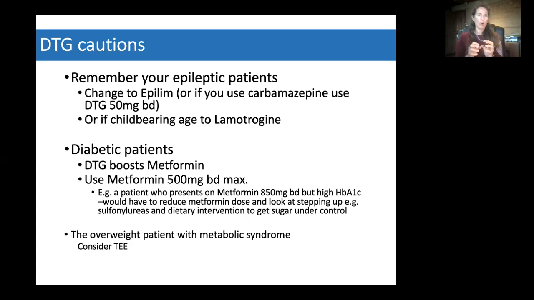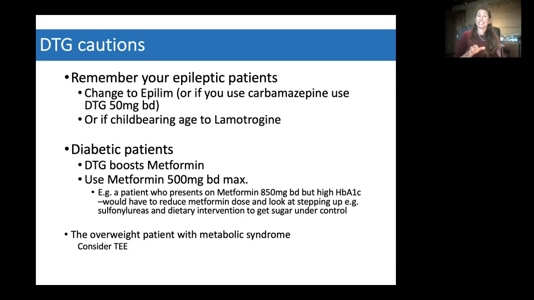And to make it slightly more complicated, one of the side effects of dolutegravir is definitely a little bit of weight gain. The average is about 3 kilograms, but that's an average. There's a wide confidence interval, and every now and then there have been some dramatic stories of 10, 12 kilograms of weight gain. That's very fine if you've got one of those underweight patients, but it's a real problem if you've got a patient who already has metabolic syndrome or diabetes.